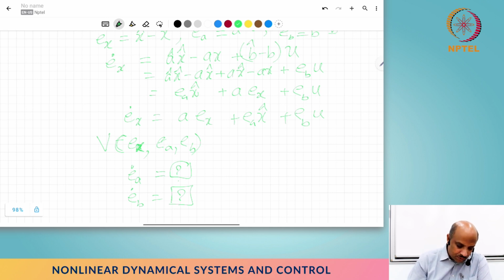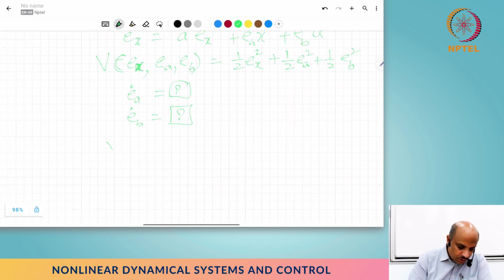So the Lyapunov function is going to be something like e x squared plus e a squared plus e b squared with a half in front, and V dot is going to be e x times e x dot plus e a times e a dot, to be determined, plus e b times e b dot, right?